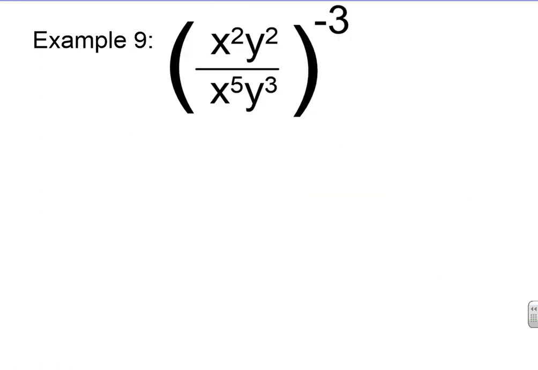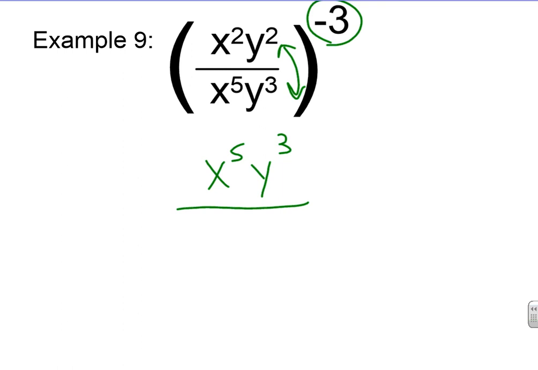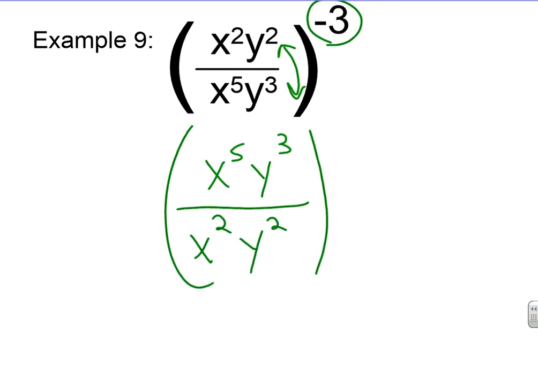We're going to take a look at example 9. You'll notice the difference is that it has a negative exponent. So what I'm actually going to do is flip my fraction. I'm going to write what's on bottom on top, and what's on top on bottom. What that does is I now can say it's to the positive 3rd power.